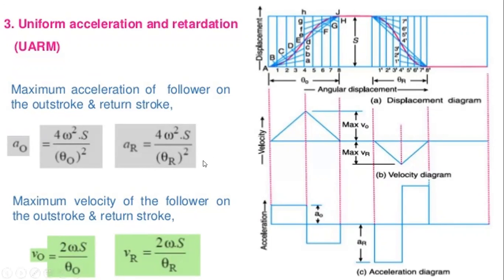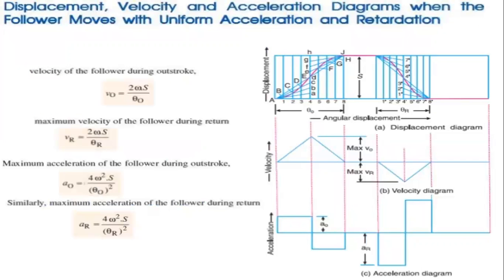So next we need to take that. That is the same slide. The velocity of the follower during the outstroke is taken as 2 pi into omega and s by theta o.